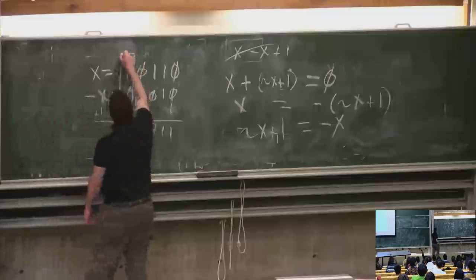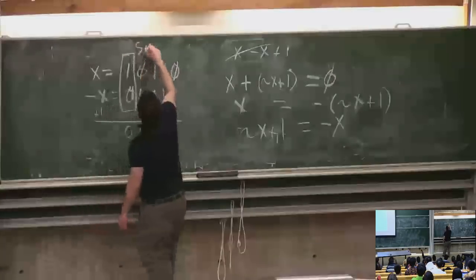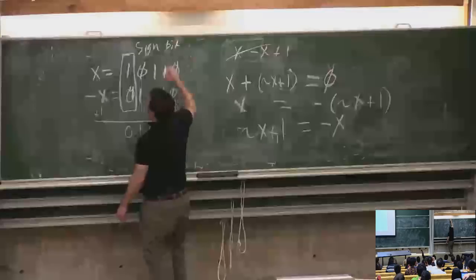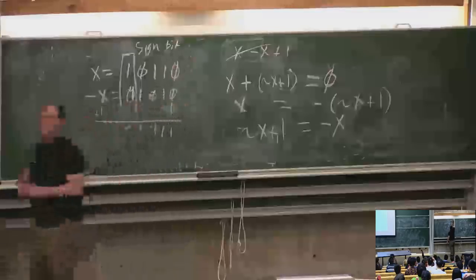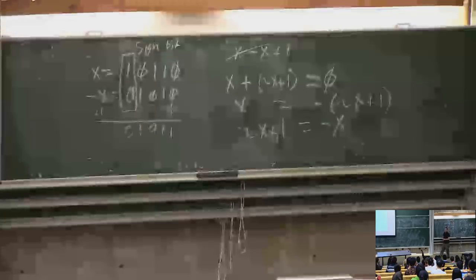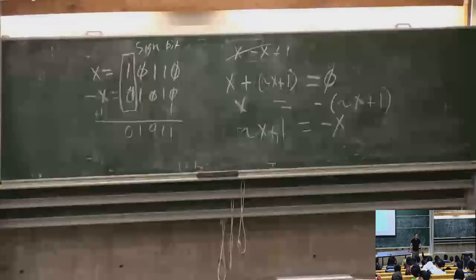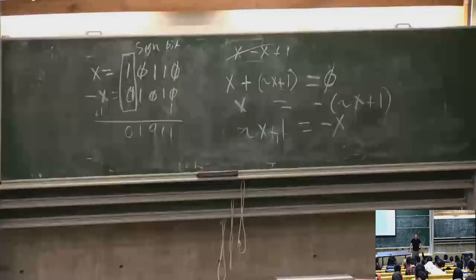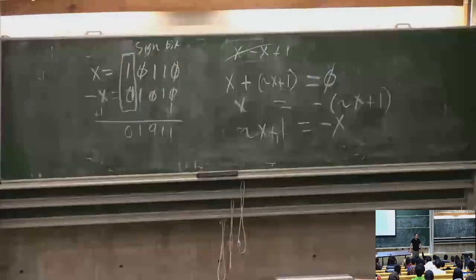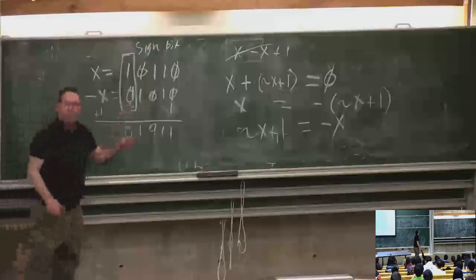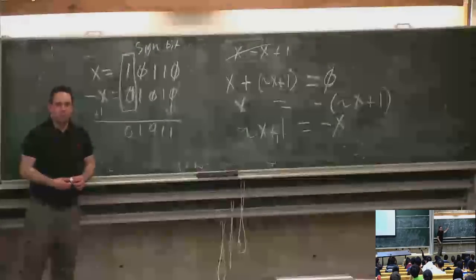We use the highest bit as a sign bit. If the highest bit is a 1, we interpret it as 2's complement. That is to say, if we want to know its value, we subtract 1, negate it, and then make it the negative of the resulting value. If the leading bit is a 0, we leave it alone.